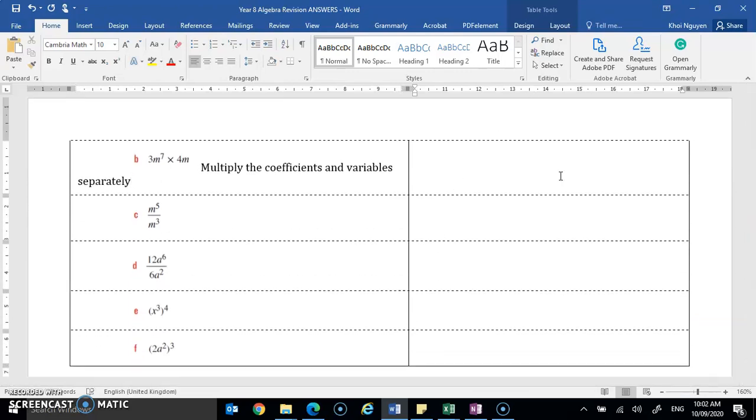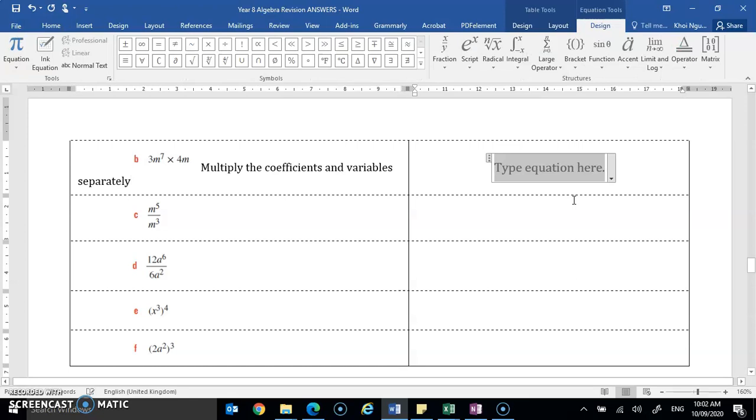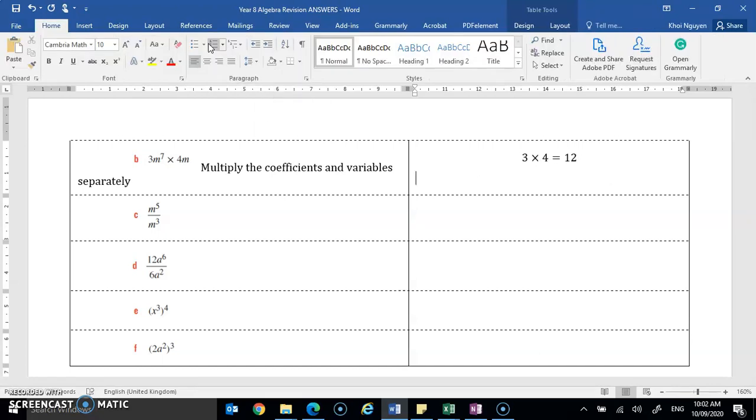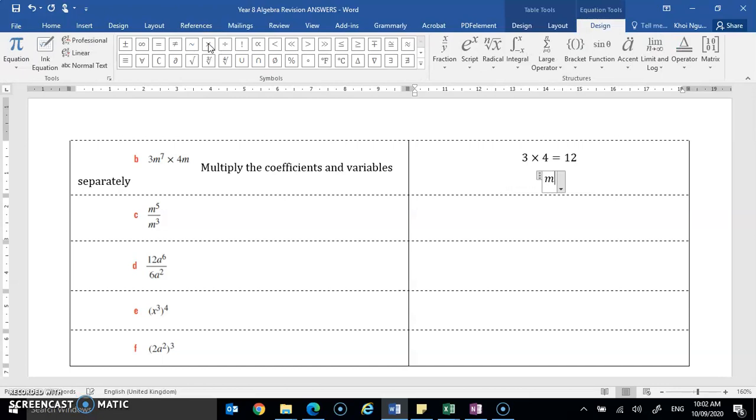So what do we have? 3 times 4 is 12. And then we do m to the power of 7 multiplied by m. Remember that when you multiply by just a letter, it actually has a power of 1.